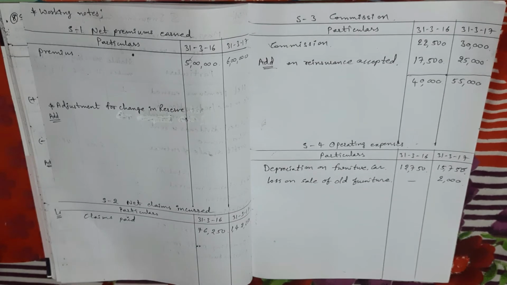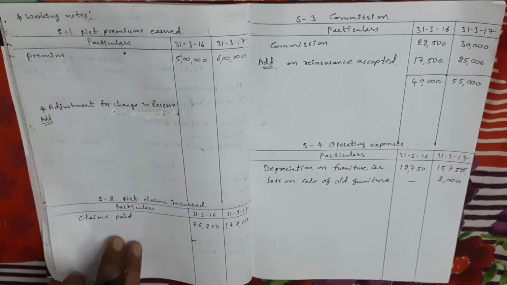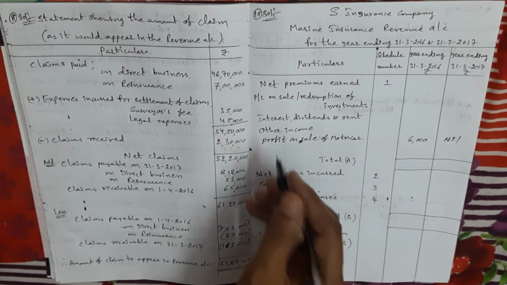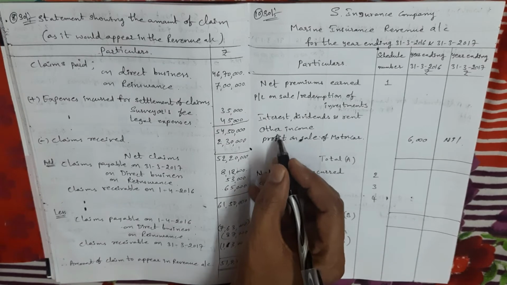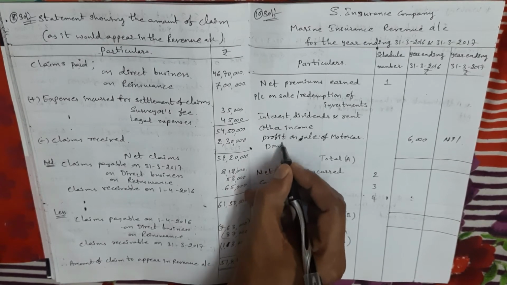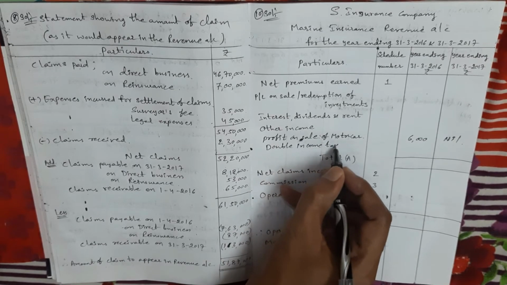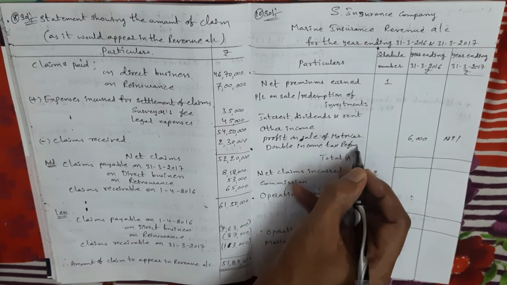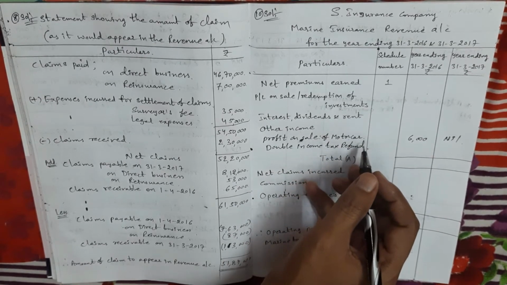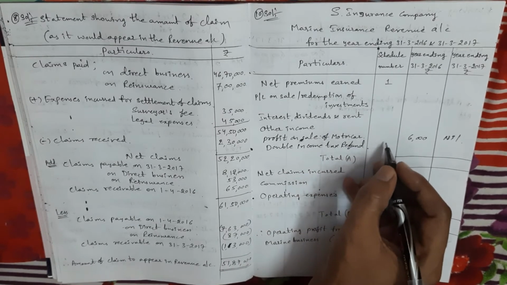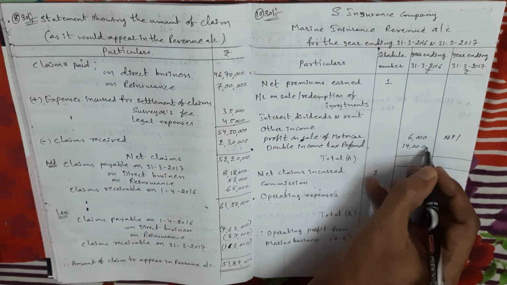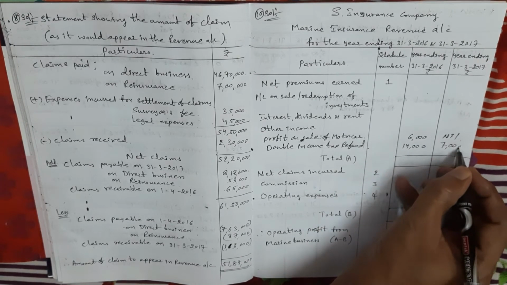Next item, double income tax refund. My dears, double income tax refund is other income, so we show it under other income. The amount is given: last year 14,000 and present year 7,000.